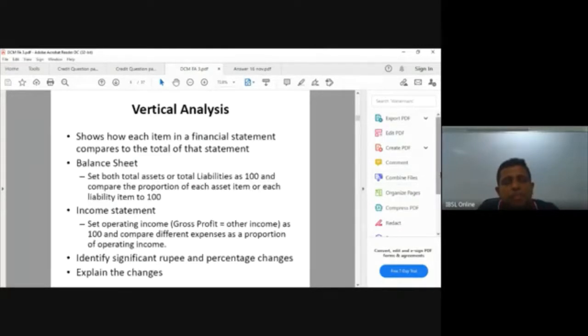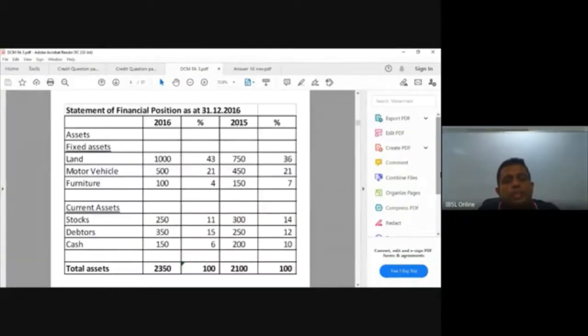Then we discuss what is called vertical analysis, where in a given statement we take the highest amount figure and calculate individual figures compared to that highest amount figure as a percentage. For example, in this statement, for the 2016 figures, the highest amount figure is total assets, that is 2,350.